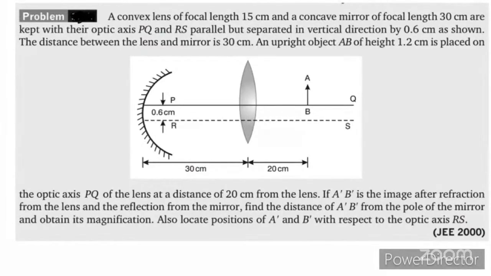So in this question, they have separated the optic axis of lens as well as of mirror by 0.6 centimeter like this. This is the optic axis of lens and this is the optic axis of mirror, correct?